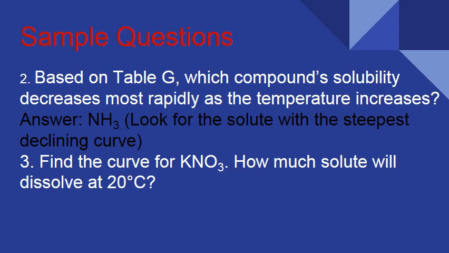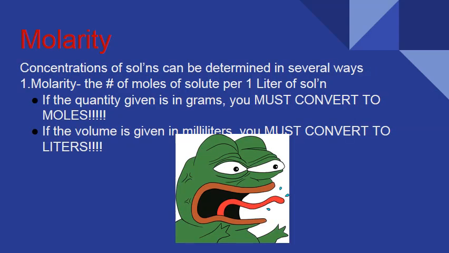How much solute will dissolve at 20 degrees Celsius? The answer is around 35 grams of KNO3. This answer can be found by lining up the 20 degrees Celsius point on the KNO3 curve to find 35 grams of KNO3.